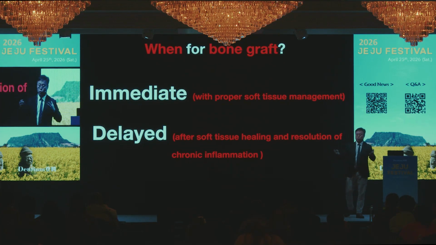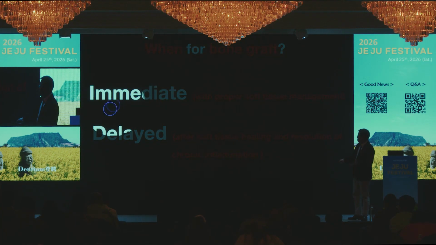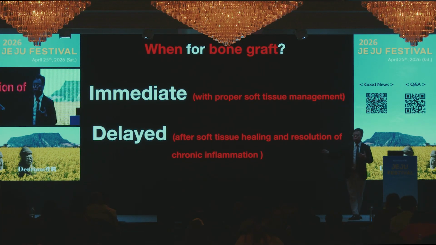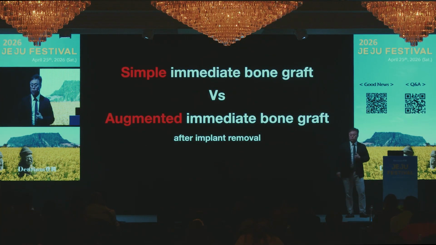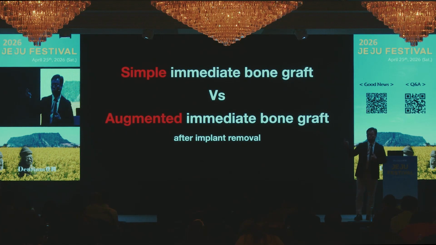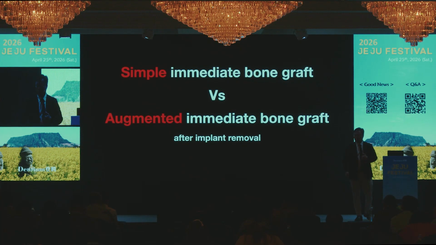And when do we decide on the delayed bone graft? If we wait for perfect soft tissue healing and resolution of the chronic inflammation, then we choose the delayed bone graft.